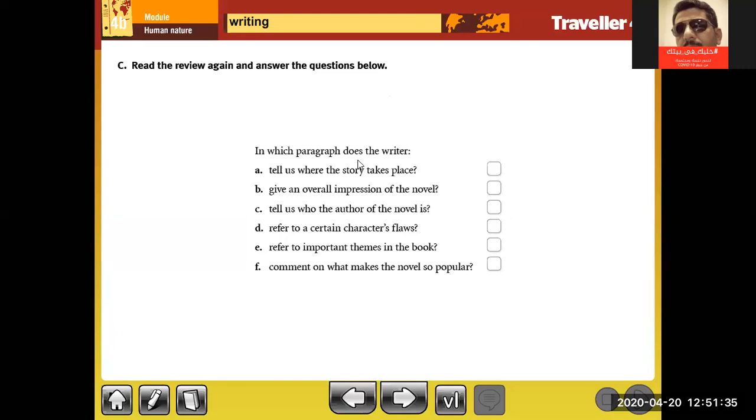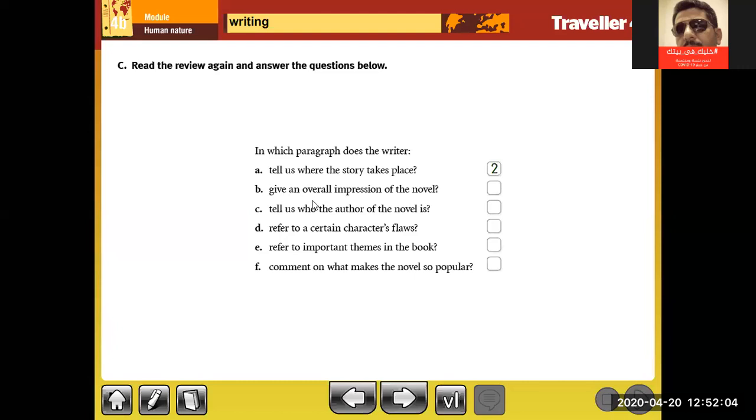In which paragraph does the writer tell us where the story takes place? Guys, we have 4 paragraphs, 1, 2, 3, and 4. In which one does he tell us where the story takes place? Where? The location of the story. In which paragraph? Here, it's in paragraph 2.